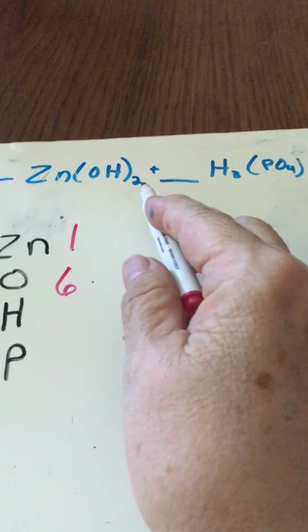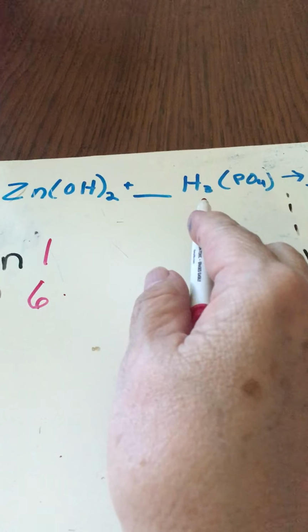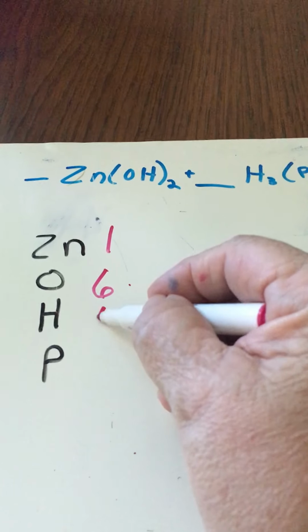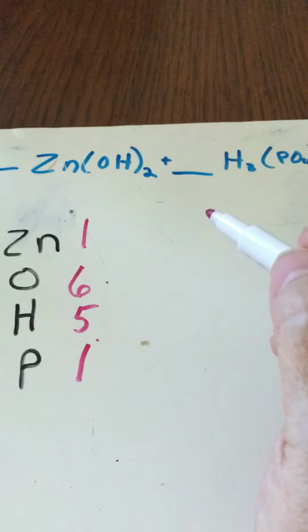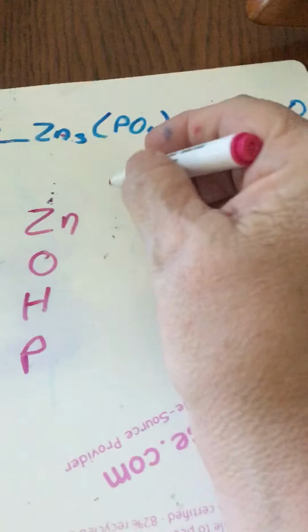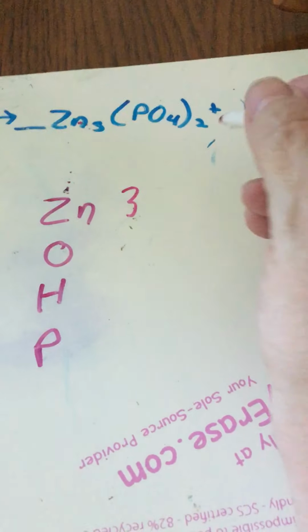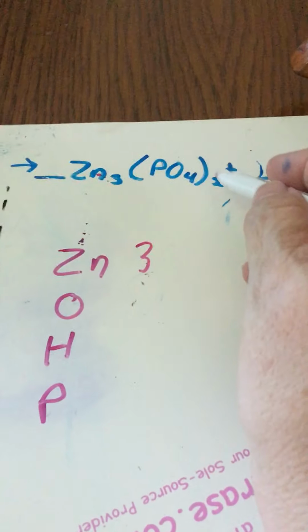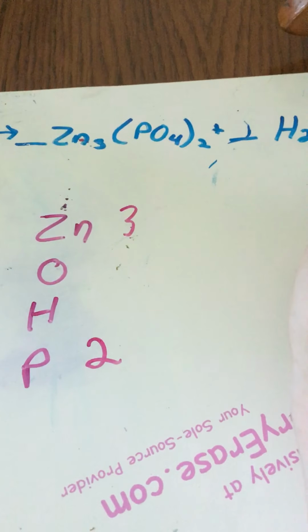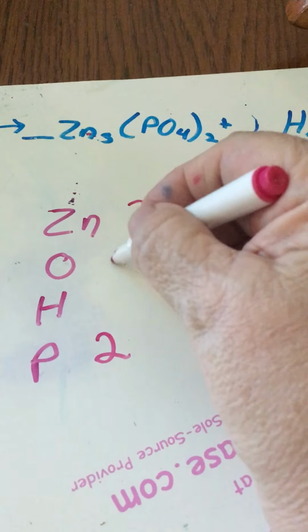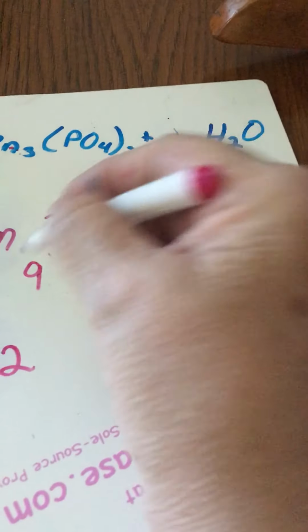We have 2 hydrogen plus 3 hydrogen, that's 5 hydrogen, and only 1 phosphorus. Let's count on this side. We have 3 zinc, we have 2 phosphorus, 8, 9 oxygen, and 2 hydrogen.